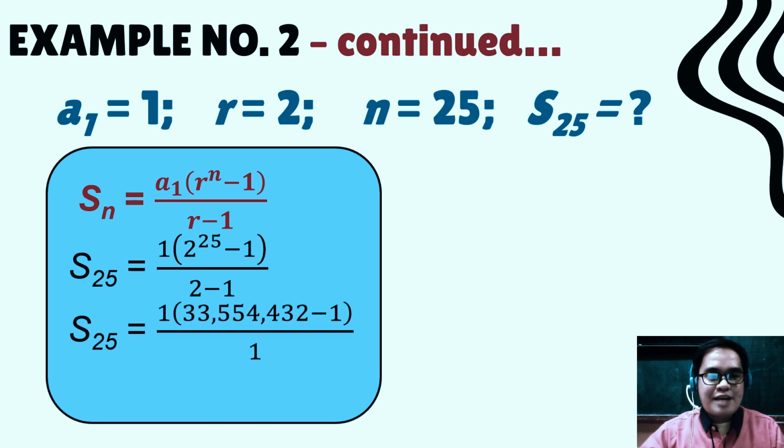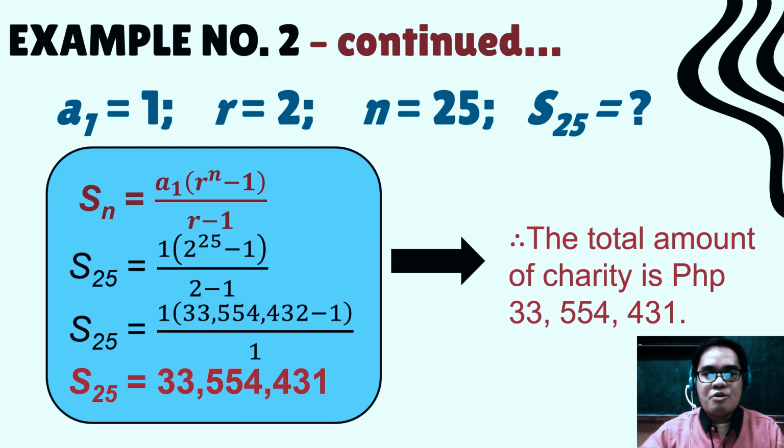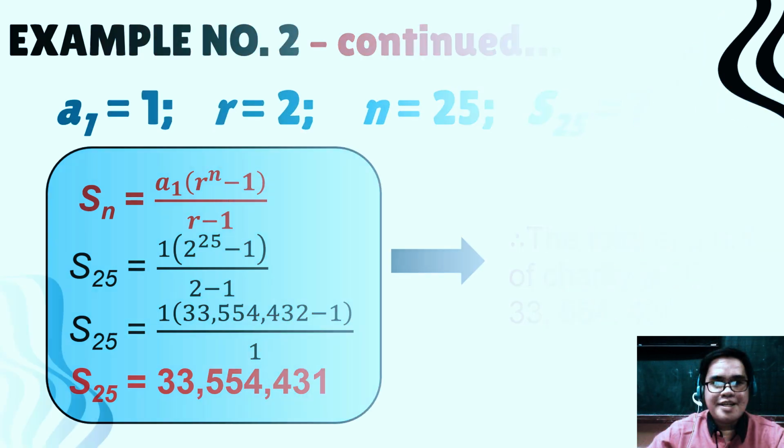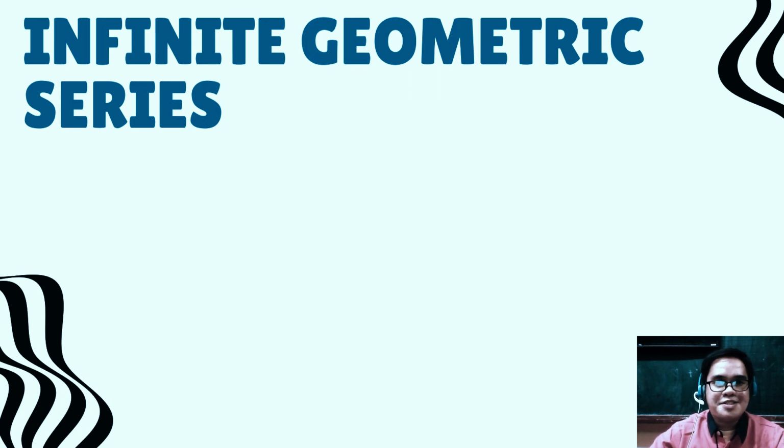So 1 times 33,554,432 minus 1 over 1, or the series of 25 terms is equal to 33,554,431. Therefore, the total amount of charity is 33,554,431 pesos.